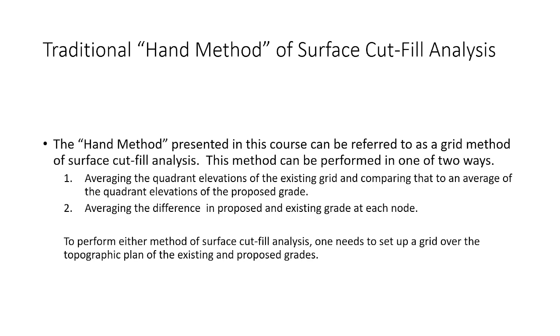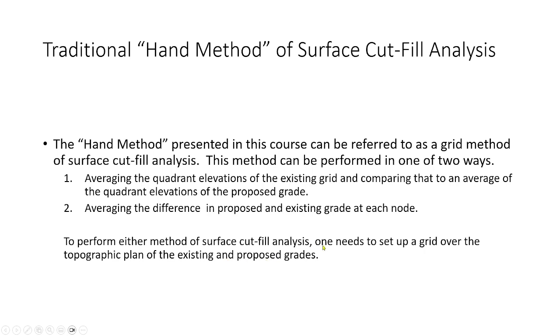So we're going to take the grade plan that has the existing contours and the proposed contours, and we're either going to draw or overlay a grid, like they used to use transparent paper with a grid on it, and it says scale to meet the needs of the grading plan. Right here it needs to set up a grid over the topographic plan of the existing and proposed grade.